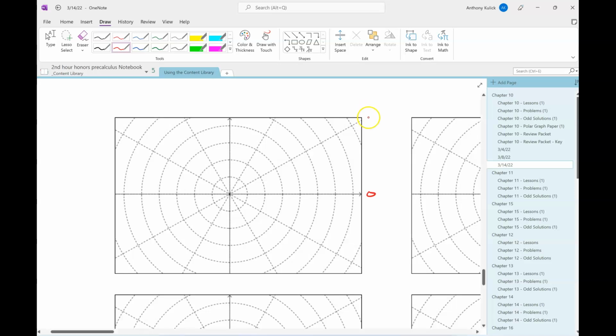Oh, okay, there it is. So it's pi over 6. That makes a heck of a lot more sense. This is pi over 3. There we go. That's pi over 2.